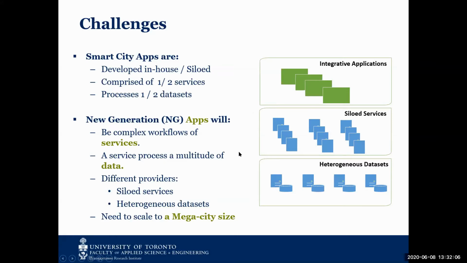This is in contrast to what we see in the contemporary city apps. Basically, they are composed of one or two services and processing one or two data sets, and mostly developed by siloed business entities. The future is going to be different in our opinion.